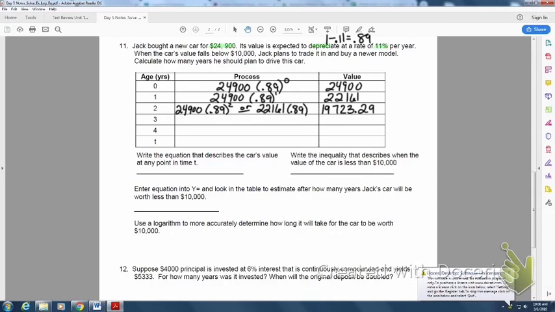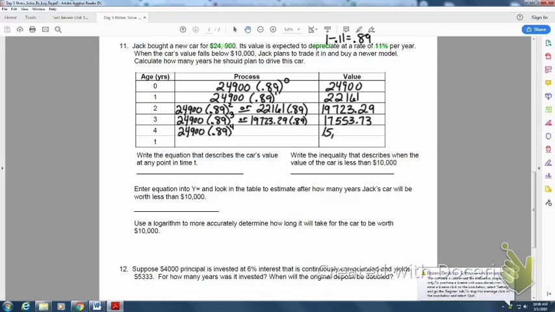So the next one, you would take that same formula. Instead of 2 years, you would put 3. Or you could do 19,723.29 times 0.89. And on this one, you would get $17,553.73. Then on this last one, I'm just going to write the exponential way to do this. After 4 years, you would put 4 in there.